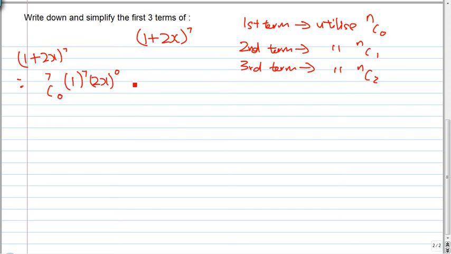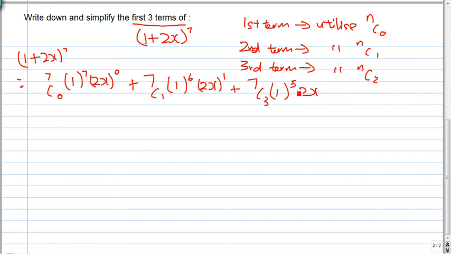So the very next term, we use 7C1, 1 to the power of 6, 2x to the power of 1. Once again, 6 plus 1 must equal 7. Yes, it is. And the third term, because they only want the first three terms, 7C3, 1 to the power of 5, 2x to the power of 2.